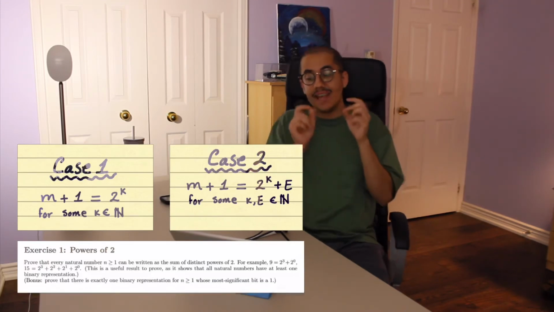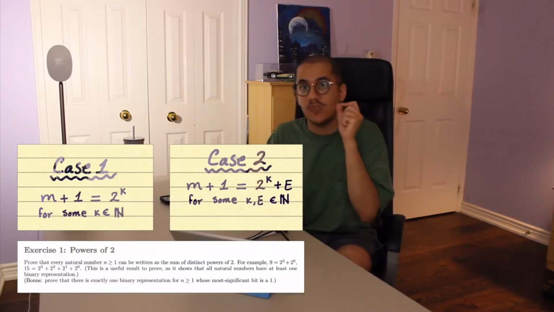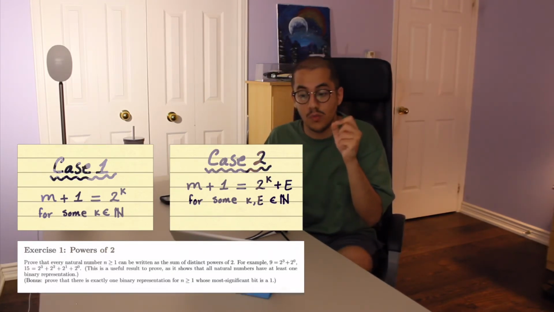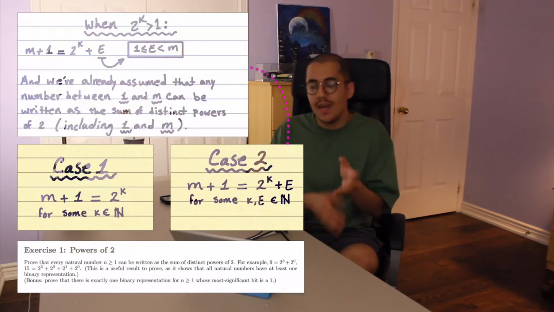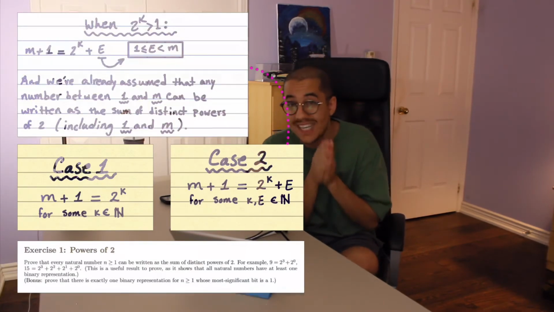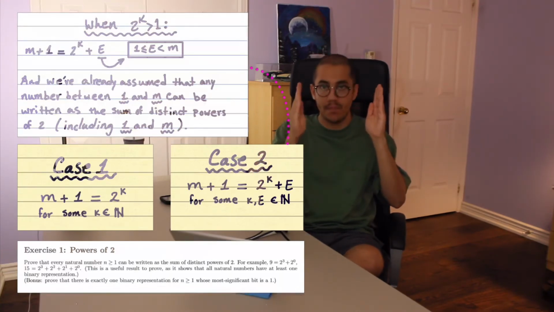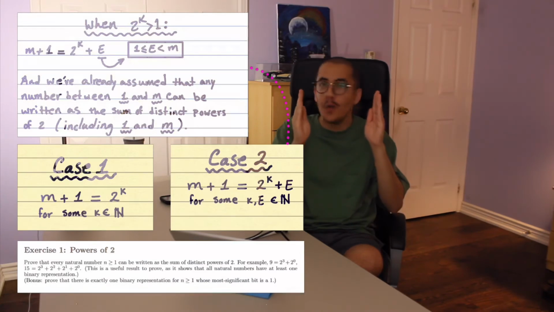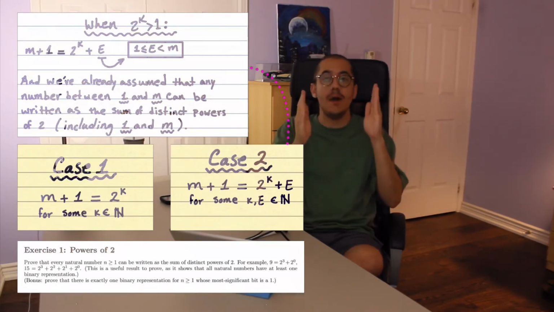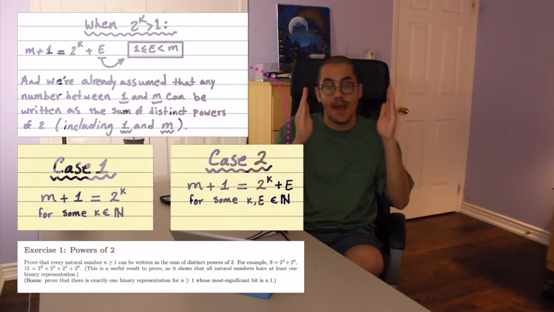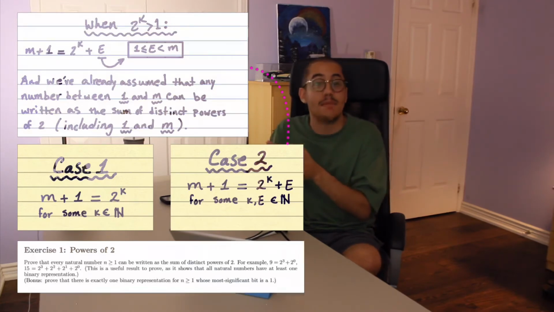Now, in the event that 2 to the power of k is bigger than 1, it means that our e has to be between 1 and m. Based on our inductive hypothesis, we already know that we can make every number between 1 and m a sum of distinct powers of 2.